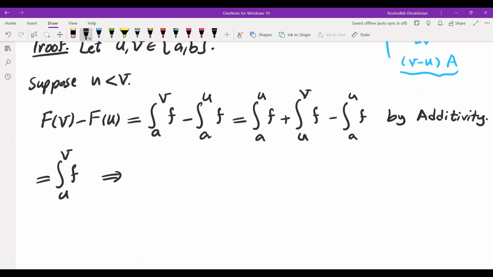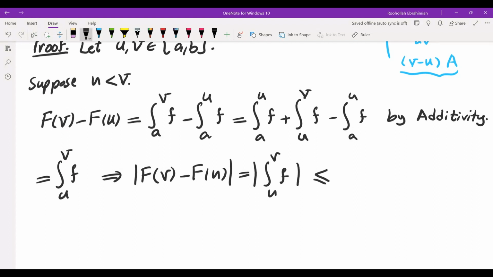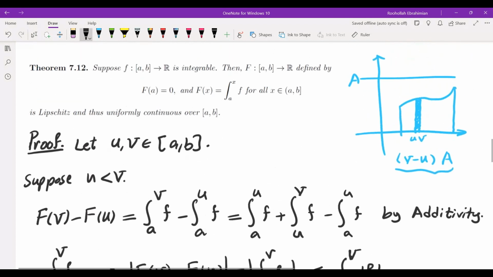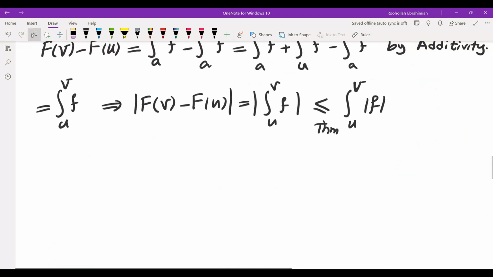So that means the absolute value of F(v) minus F(u), which is the absolute value of the integral from u to v of f, by a theorem, I guess we call it a corollary, is less than or equal to the integral from u to v of the absolute value of f. However, we know that f is bounded because f is integrable.